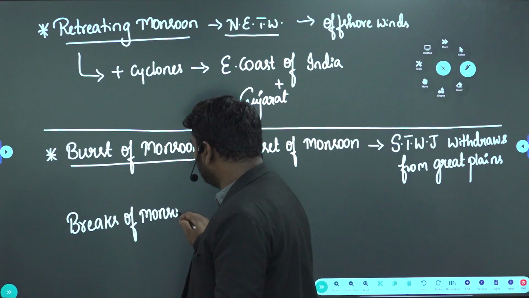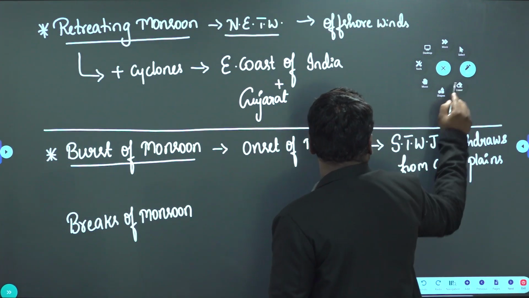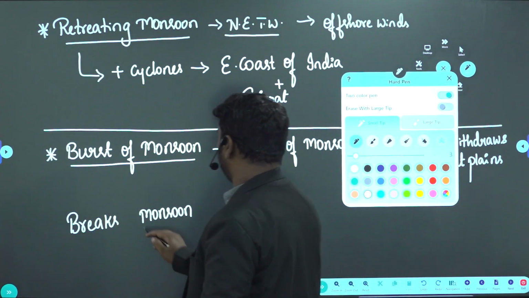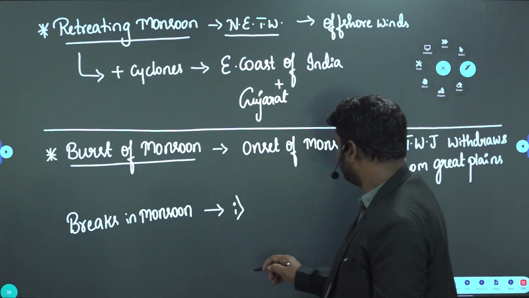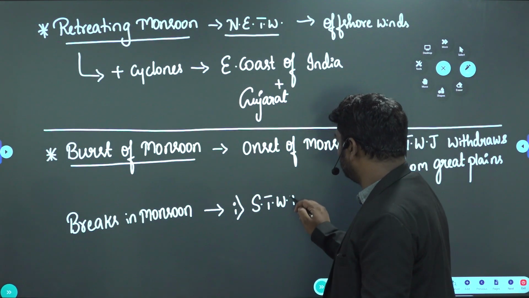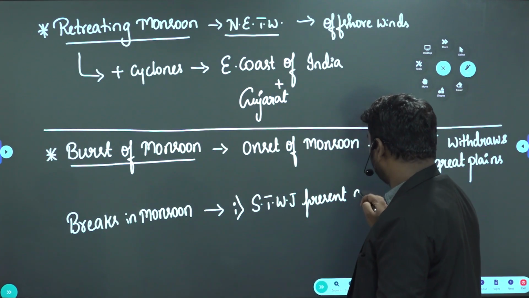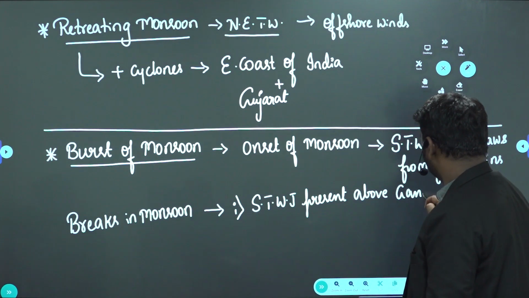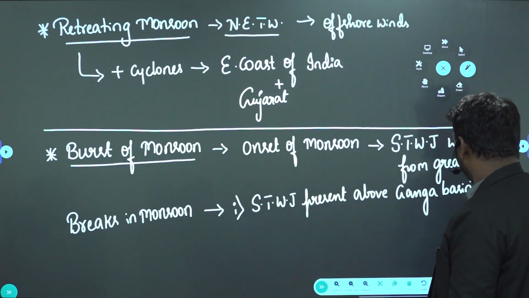Breaks in the monsoon. Two reasons are there. Subtropical westerly jet stream present above the Ganga basin.